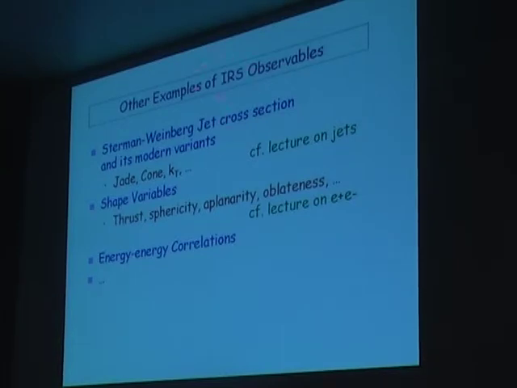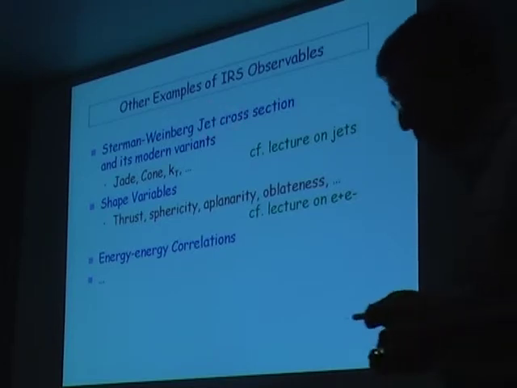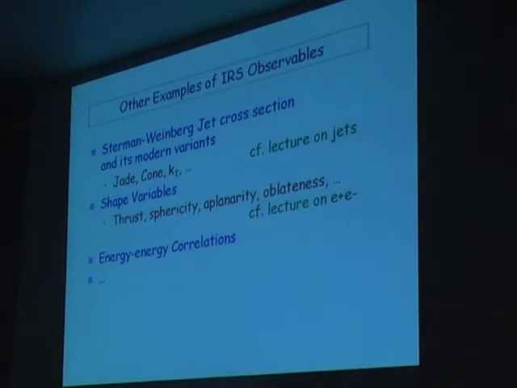The usefulness of these infrared safe variables was first pointed out in a seminal paper by Sterman and Weinberg. Beyond the total cross-section, they pointed out the usefulness of jet cross-sections, which are infrared safe.